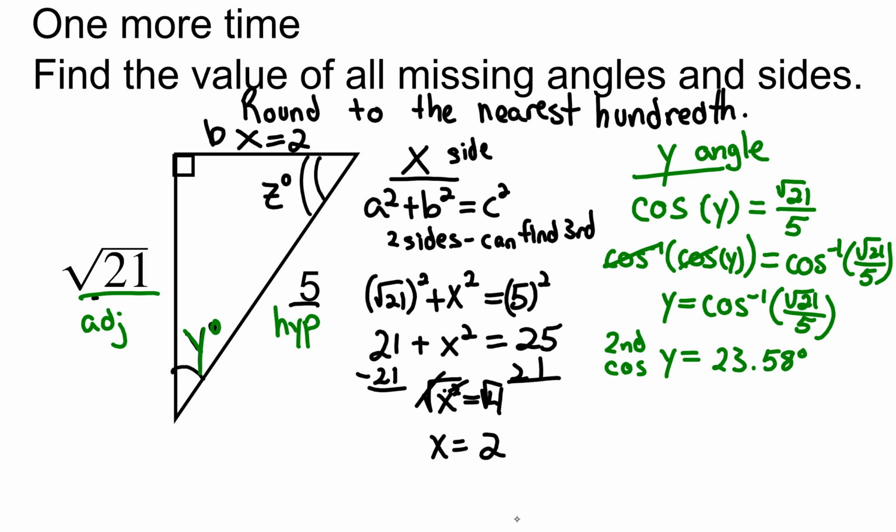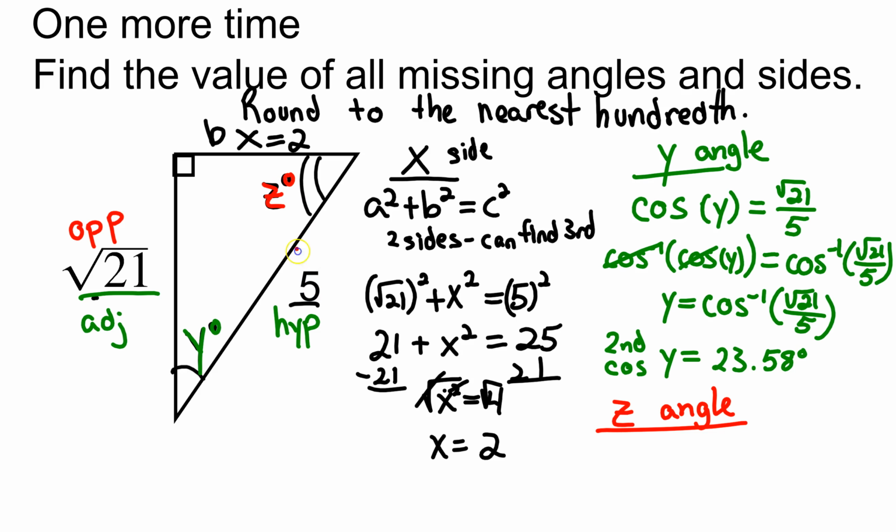Alright, so our third piece we want to find is angle Z. So angle Z, we know that is in fact an angle. So we're going to set this problem up the same basic way we did the last one for angle Y. We're going to look at the sides they gave us. So from Z, the square root of 21 is no longer the adjacent side, it is the opposite side.